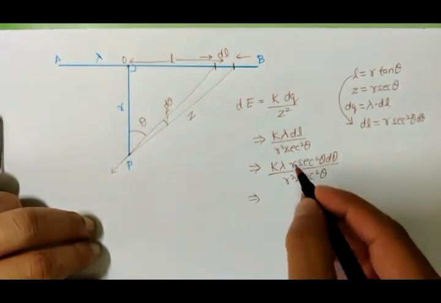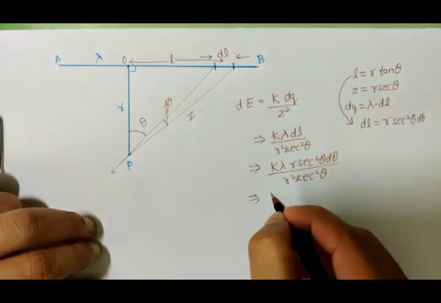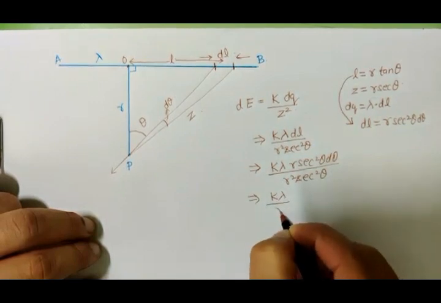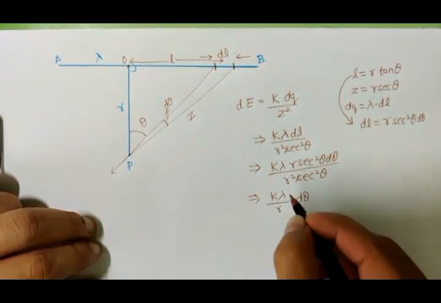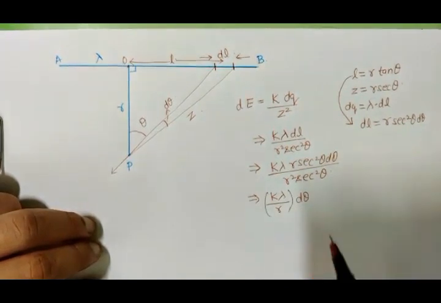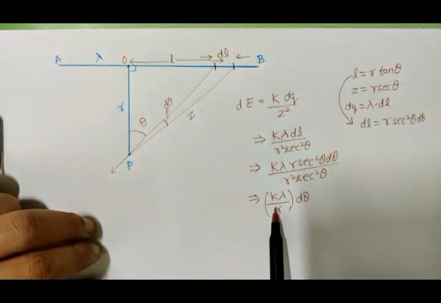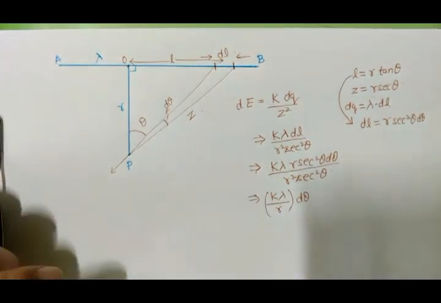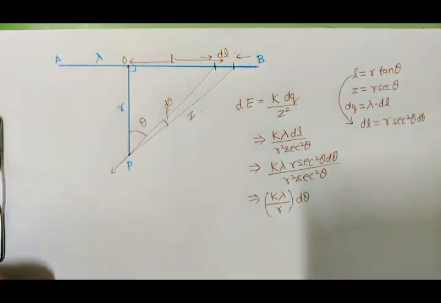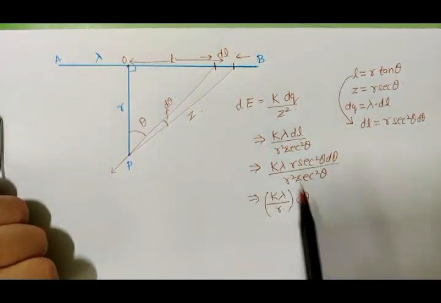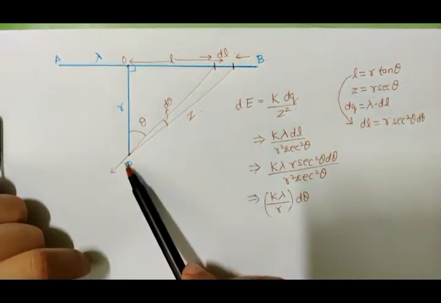Now simplifying all this, r will be cancelled, sec square theta cancelled. This will be k lambda by r multiplied by d theta. So quantities in this bracket are constant for this particular situation. Lambda will not change, this r also will not change. Now we can integrate this relation to find what will be the net electric field at this point.